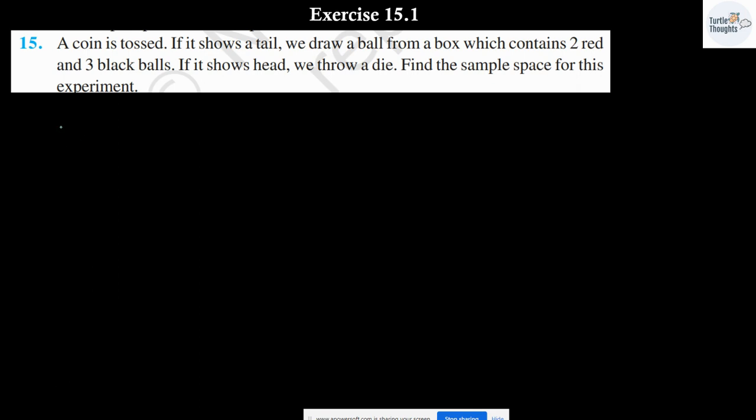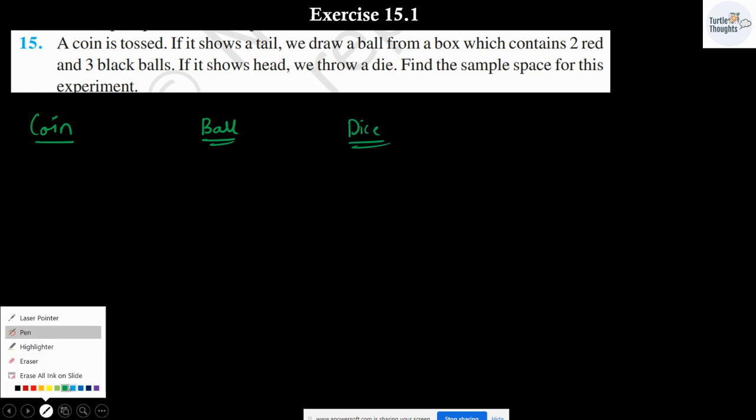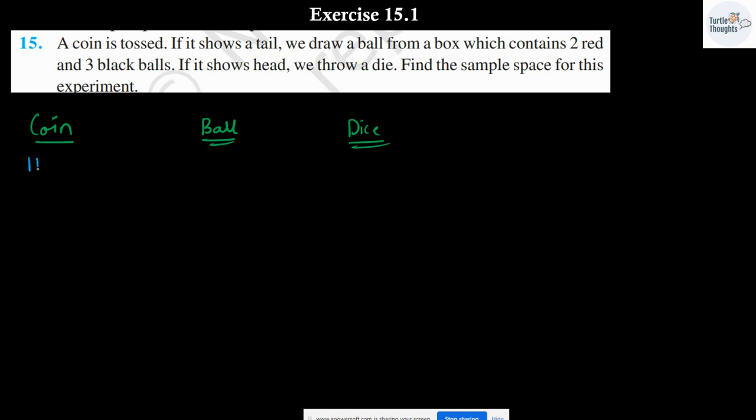I will start by writing a coin. Then I will be writing a ball. Next, a coin is taken already. Then a die is also there. Let me write the sample space of all of them. H and T, two possible outcomes.